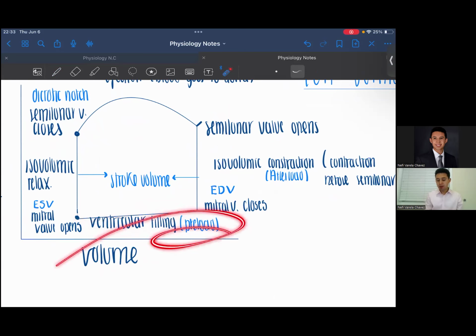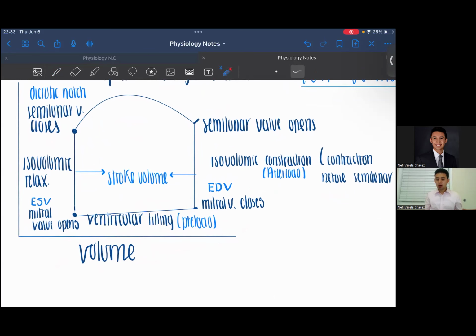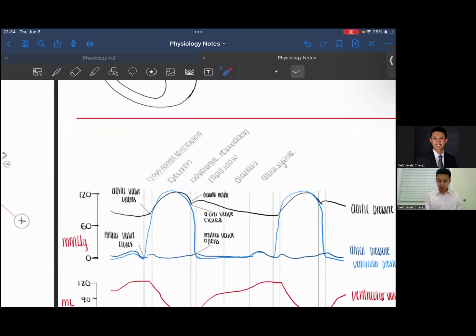We're going to call this preload. Preload is going to be that volume that we need to let the semilunar valve open. Then the mitral valve is going to close.